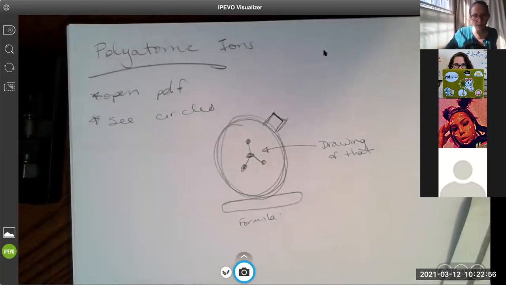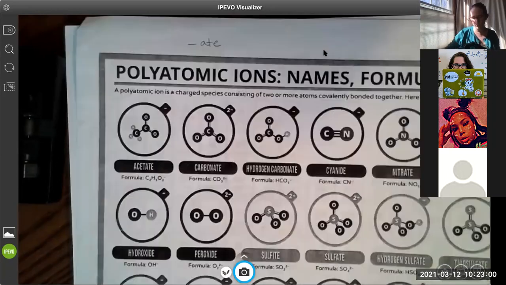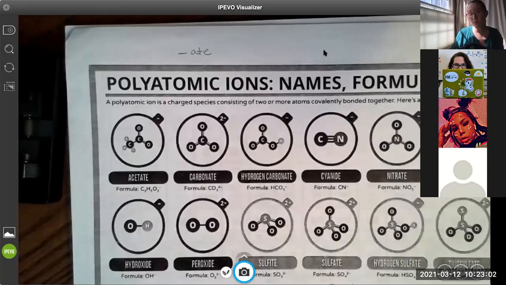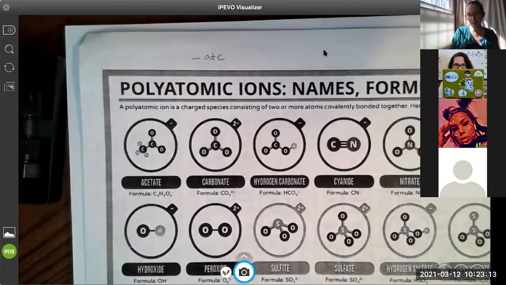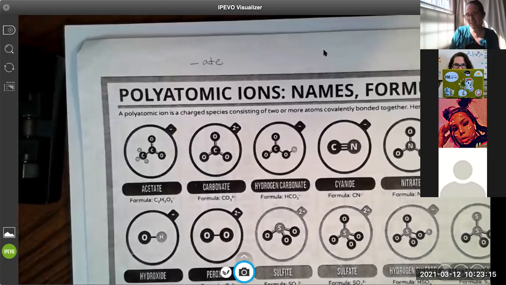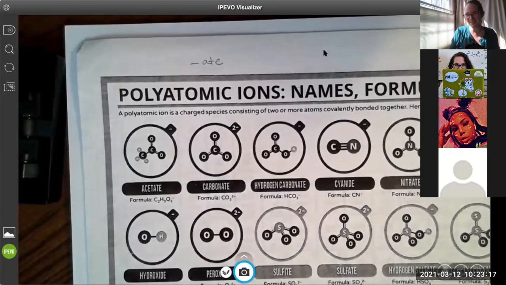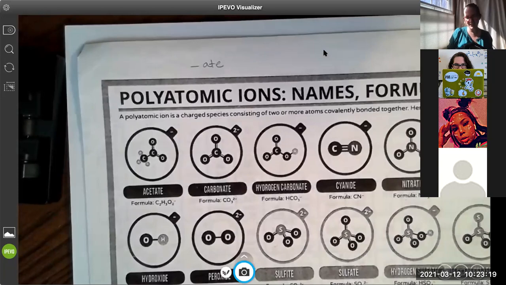If you open your calendar for today, there's a PDF of polyatomic ions. Yours will be in color. This is a printout from the real building, and it's not in color, and that's cool. But the one on your computer is in color.